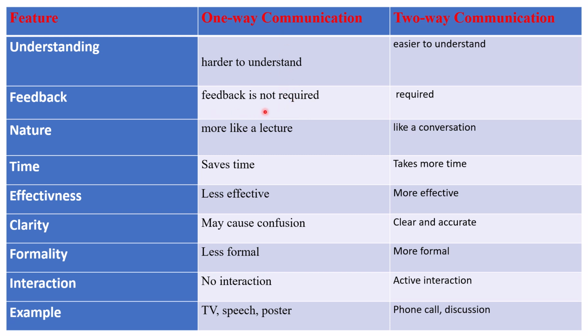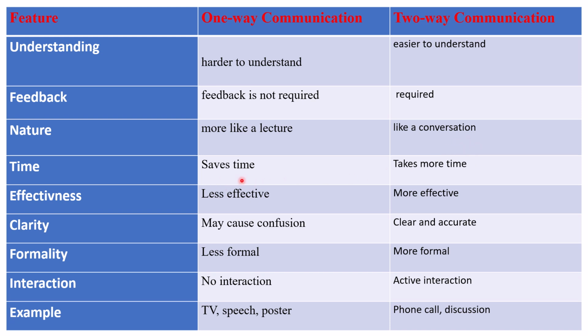There is no response from the receiver, and in two-way communication, feedback is given. It is required. One-way communication is just a lecture or public speech. In two-way communication, it's like a conversation between two people or two groups.